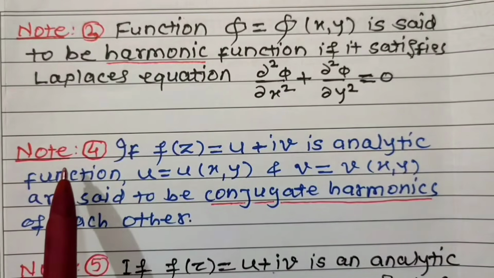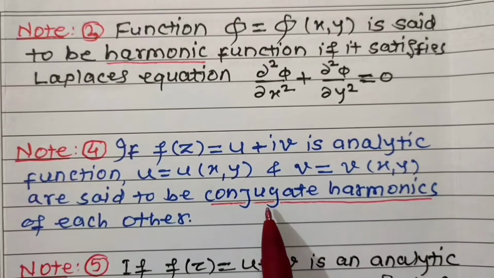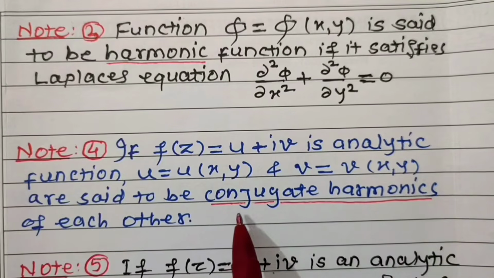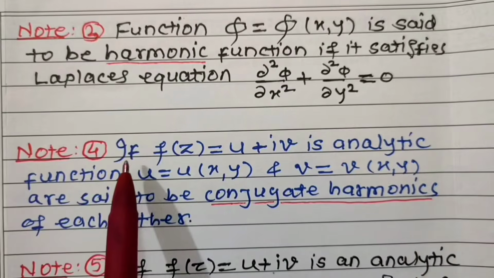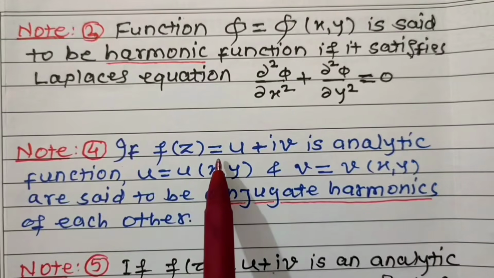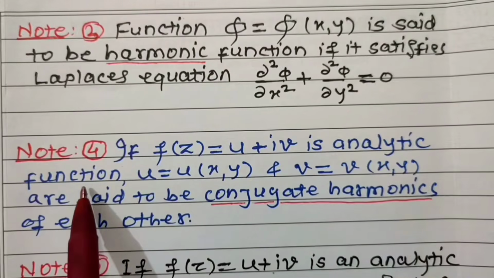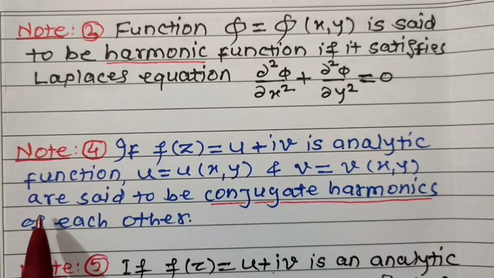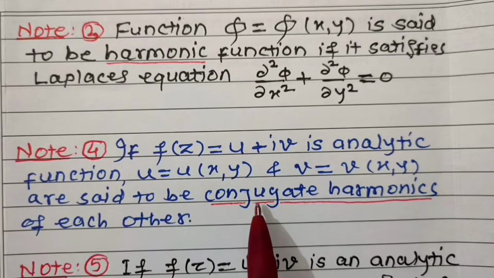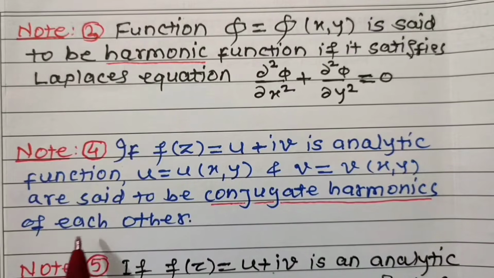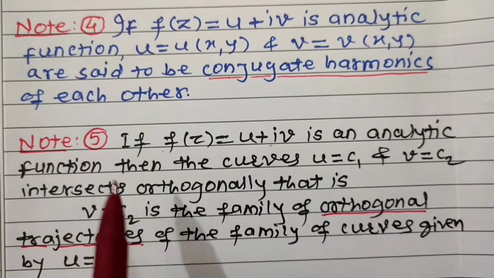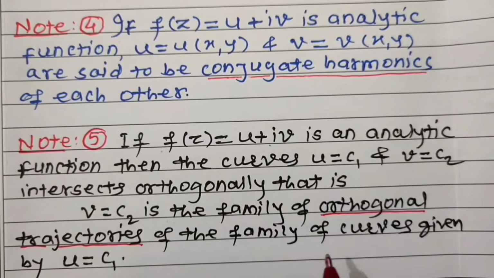Note number 4 is for conjugate harmonic functions. If f(z) = u + iv is an analytic function, u and v are said to be conjugate harmonics of each other. Now note number 5, regarding orthogonal trajectories.